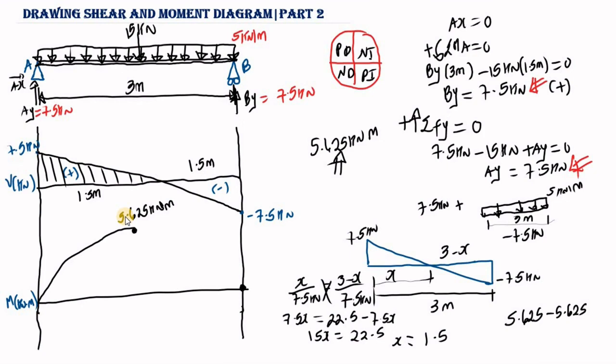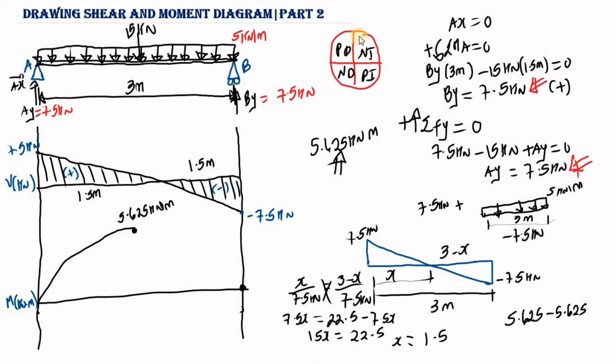So this is 0. Now we need to know the curve we are going to use to connect 5.625 kilonewton meter to 0. All you need to do is go back to this short trick here. As you can see, for this part, we are having a negative area, and it is increasing from left to right, so meaning we have negative increasing.